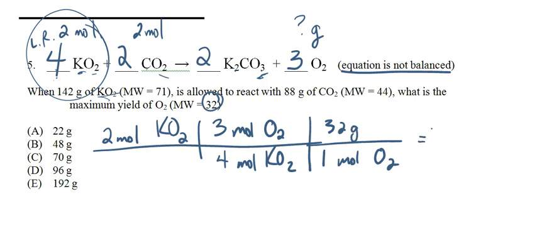Alright, so let's do some quick mental math here. 2 times 3 is 6 divided by 4. So 6 divided by 4. And then we're going to multiply that by 32. So we have 192, sorry, 192 divided by 4, so approximately that's going to be a little less than 25.